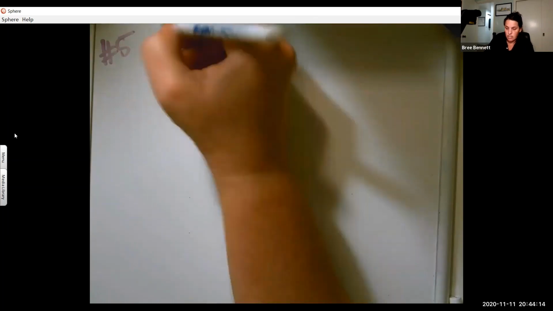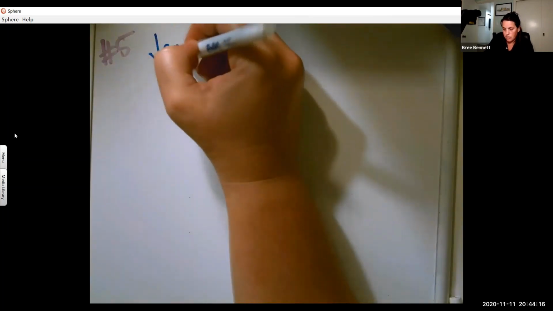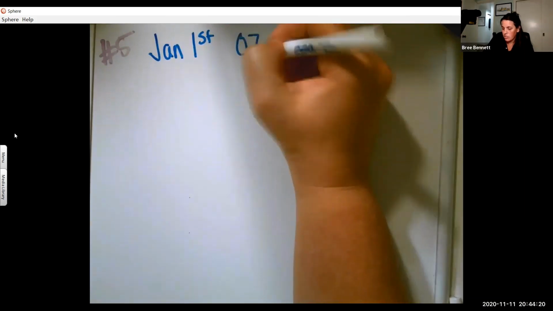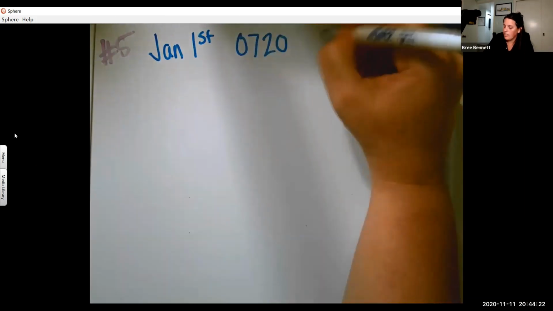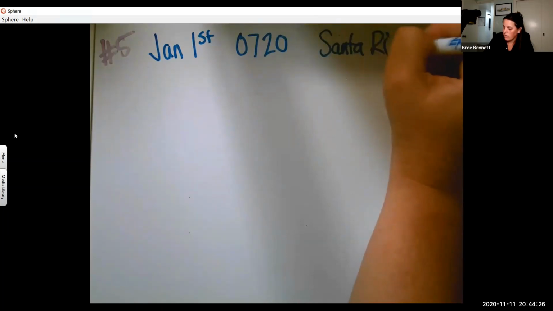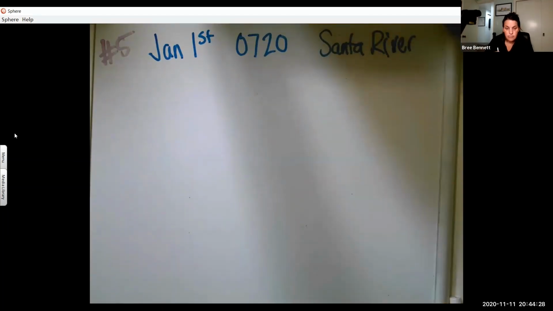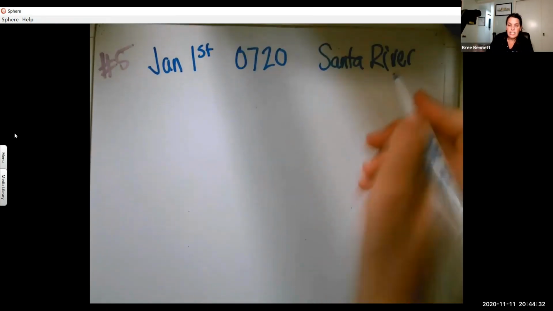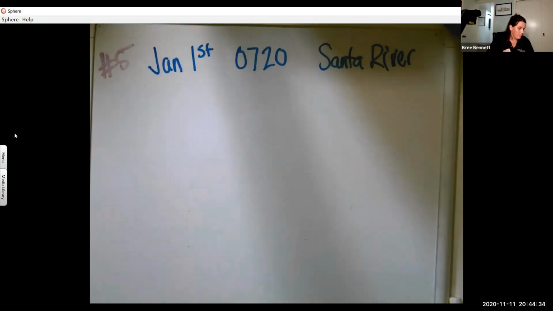Number 5. We are starting off the year fishing at the Santa Ana River entrance. What is the tide on January 1st at 07:20 at the Santa Ana River entrance? So our Santa Ana River is a reference station.